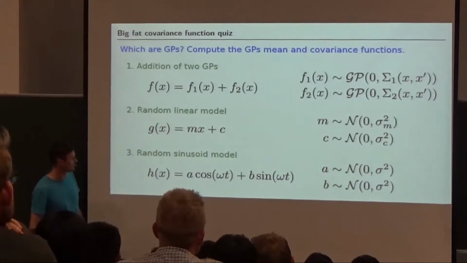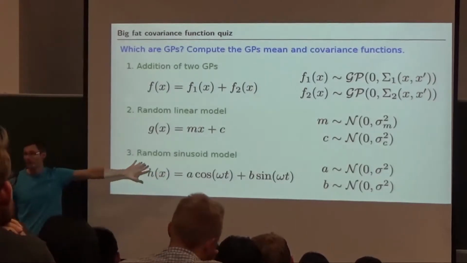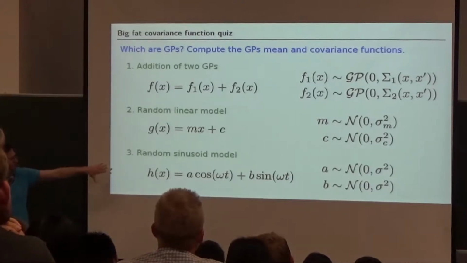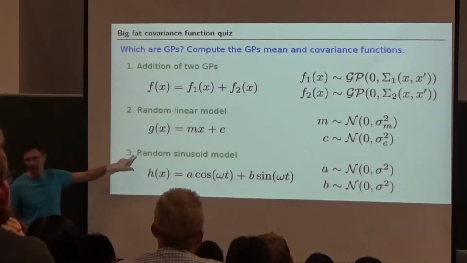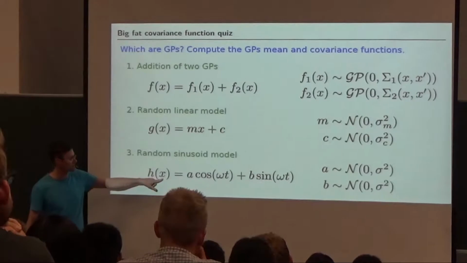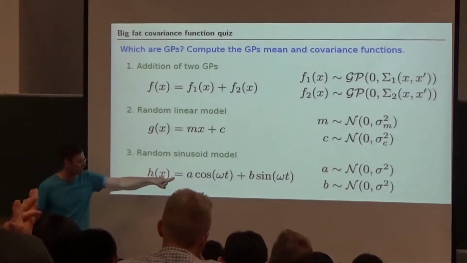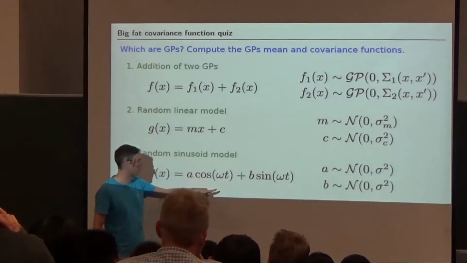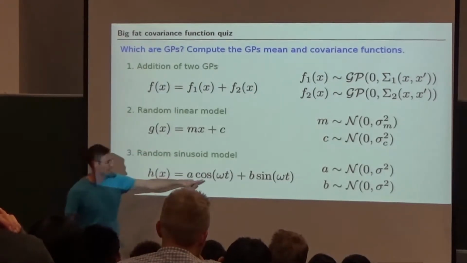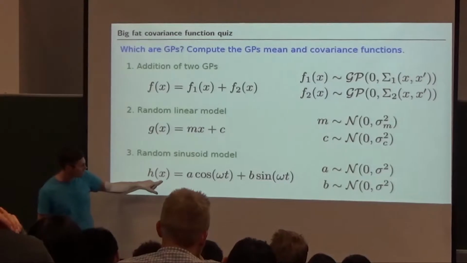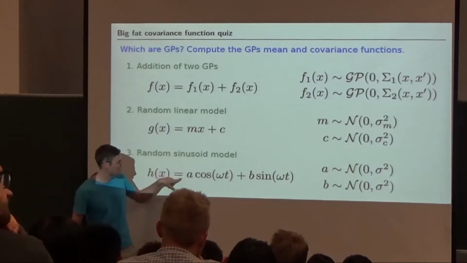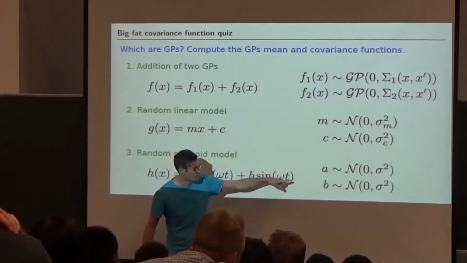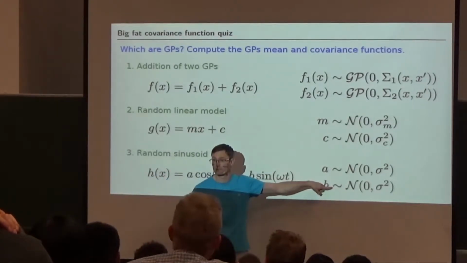What's its mean function? And the final one, this is for the GP aficionados, those few people in the audience trying to work on GPs, so this is a slightly harder one, the random sinusoid model. This says h of x, a random function, is equal to a times the cosine of omega x plus b times the sine of omega x, where both a and b are now random coefficients of the sinusoids.